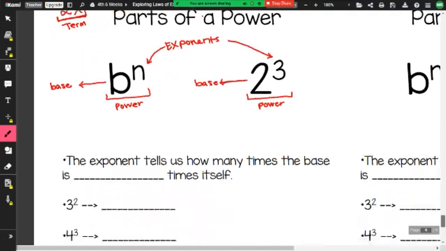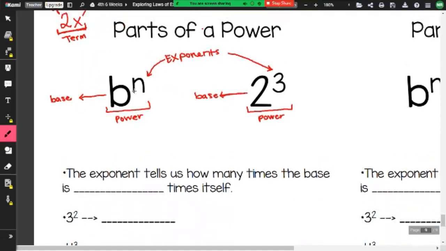All right, so the exponent tells us how many times, quantity, the base is going to be multiplied by itself. We're multiplying the same base every time. So 2 to the power of 3 is not to be confused with 2 times 3.